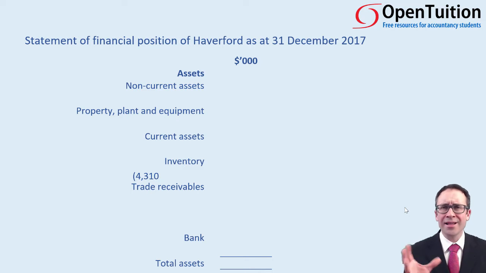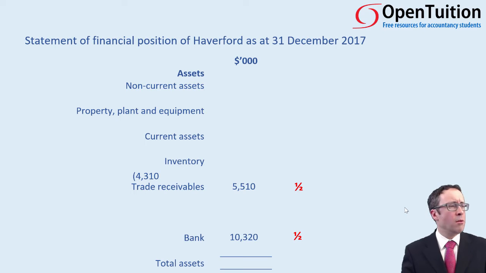So I'm thinking, well, there's likely to be an adjustment to inventory. And I know from having scanned the additional information at the start that inventory is part of those additional pieces of information and therefore is likely to have an adjustment. And then easy figures, receivables, bank, whack them in. Half a mark each. Are we on 1.5? Yes. We're now on 2.5.